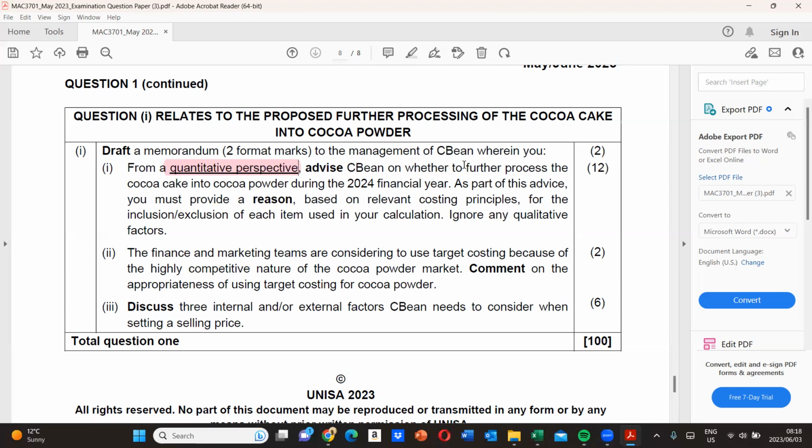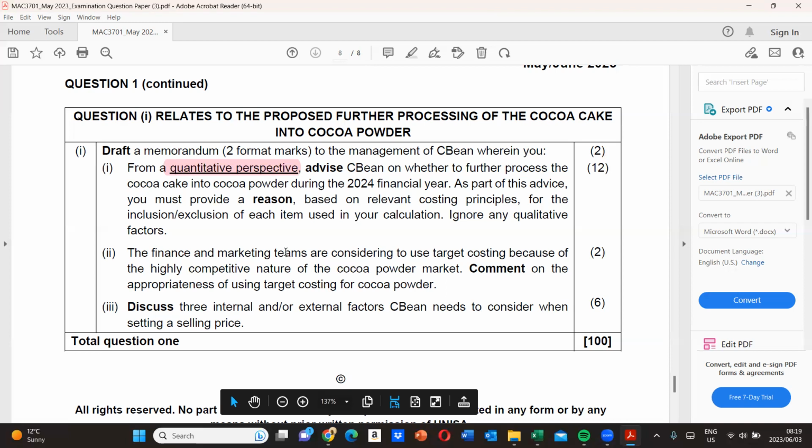Is it beneficial for us to further process, or should we just sell it before further processing? So we're using the principles of relevant costing. I believe we did touch on relevant costing, right? So it's a combination of process costing and relevant costing. The additional cost is what we're looking at.